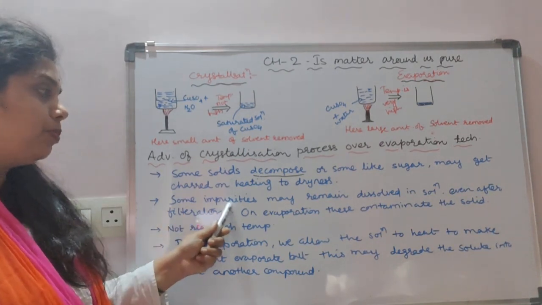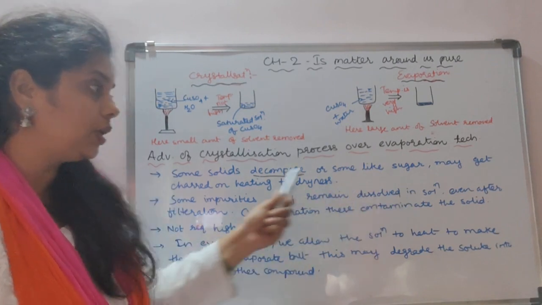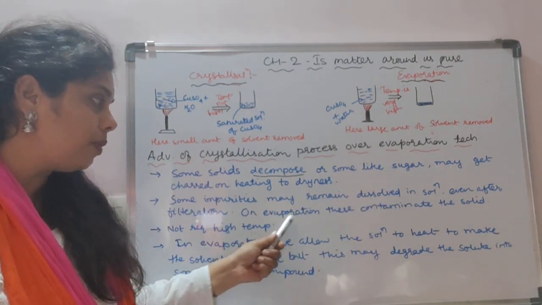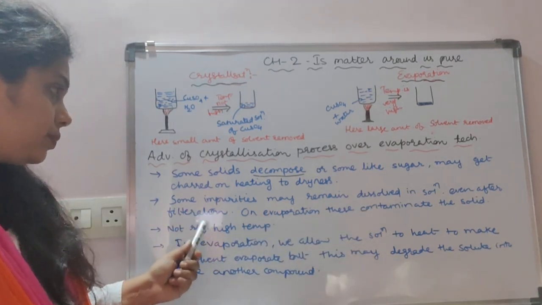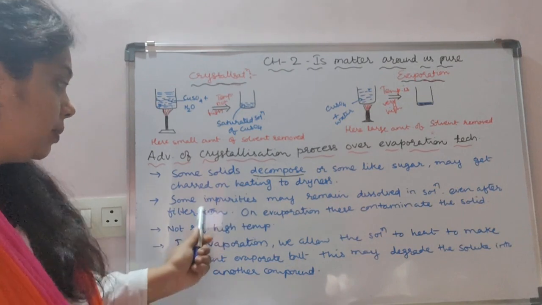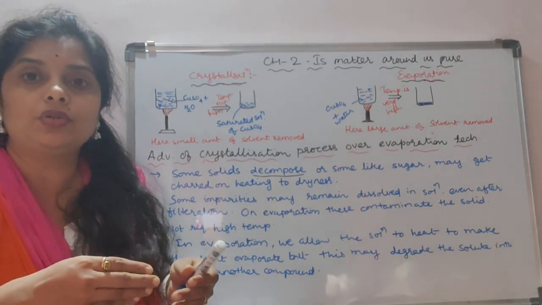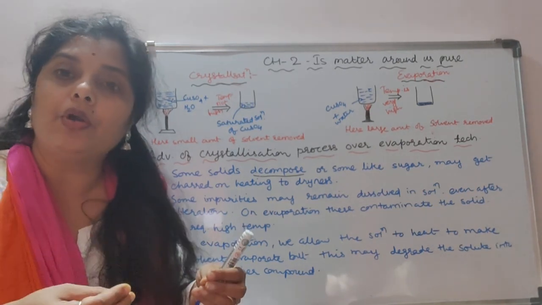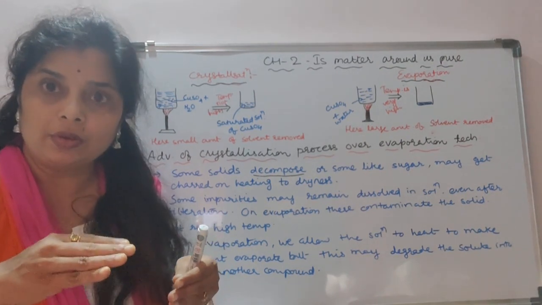Now the second: some impurities may remain dissolved in solution even after filtration, and on evaporation these contaminate the solid. It means some impurities may remain in the dissolved solution. If we give a very high temperature, those impurities also dissolve in it. Are you getting me? Okay.